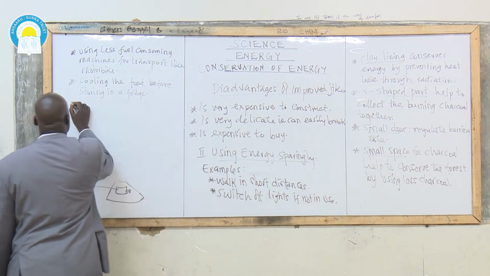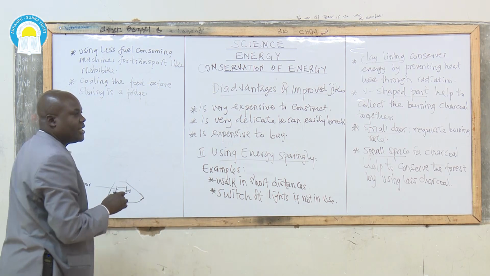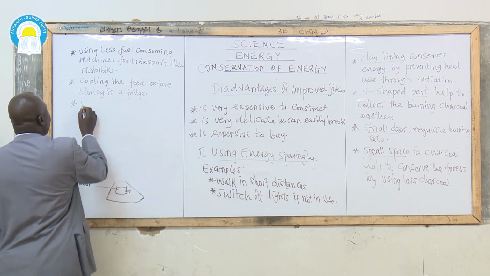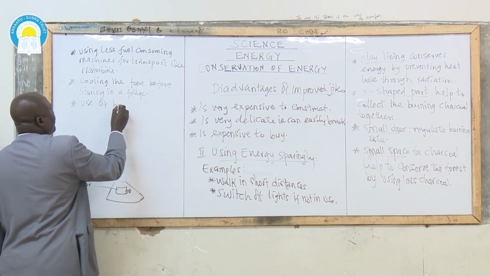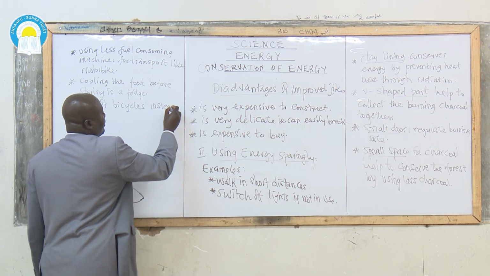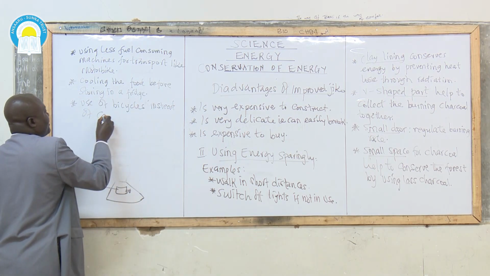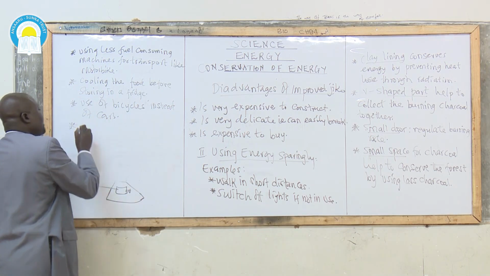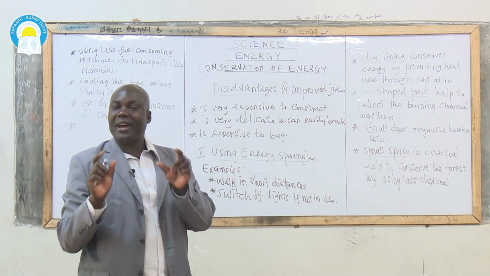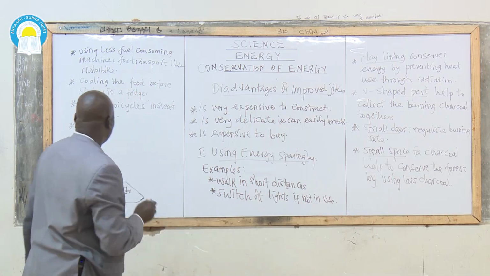Next one, we can also use energy sparingly by cycling over some distances. Use of bicycles instead of cars. You can also use energy sparingly by the government renovating and improving the road network.